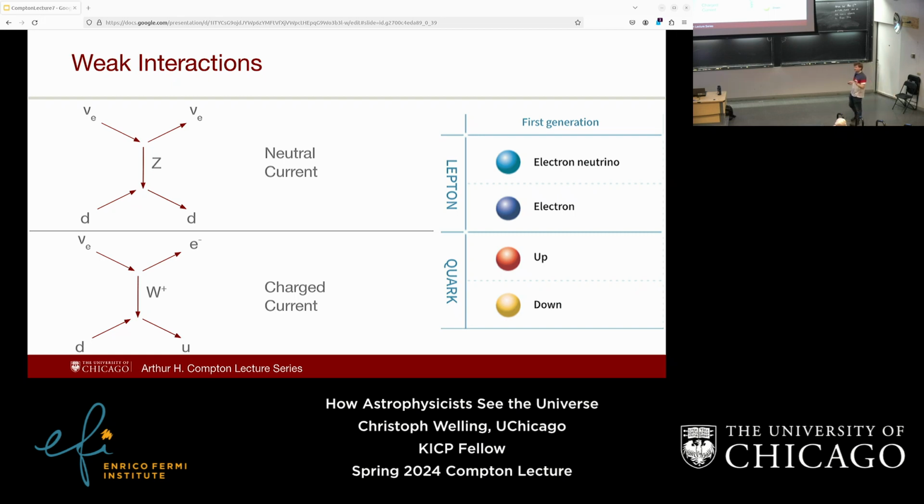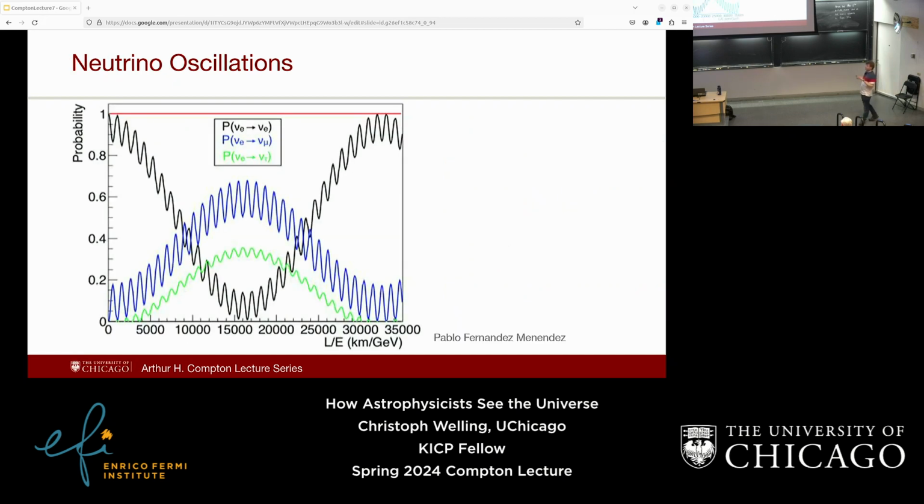But if you say that these neutrinos have masses, and the different kinds of neutrinos have different masses that are just very slightly different, then you have something called neutrino oscillations, which sounds weird, but it's actually something that, once you accept that neutrinos have mass, just falls right out of the theory. It's not actually as weird as it sounds at first.